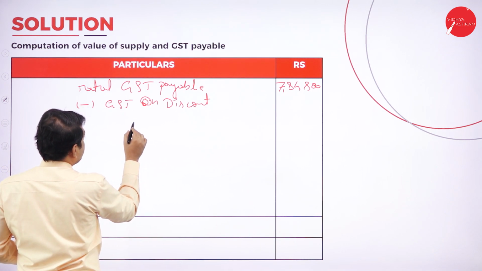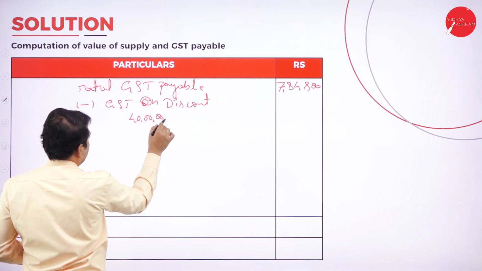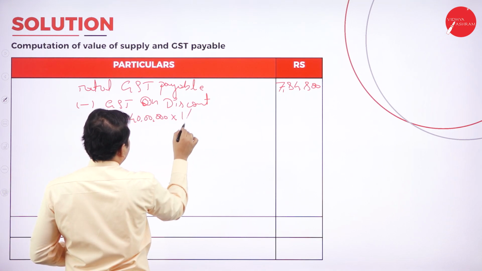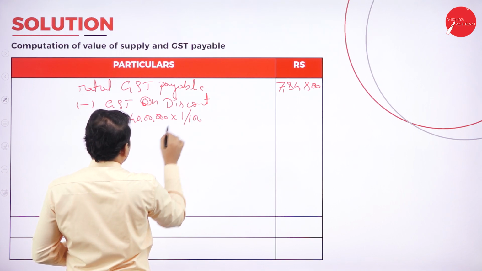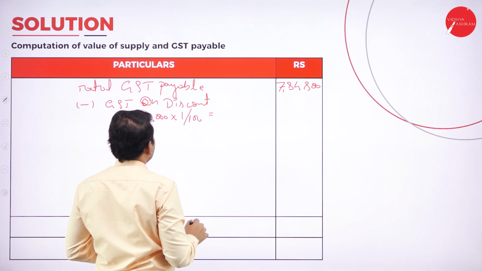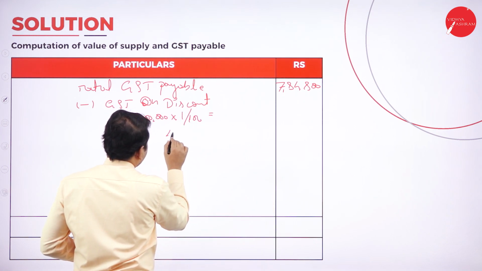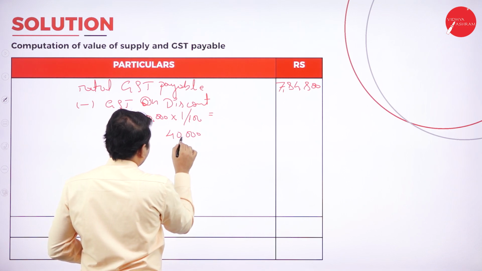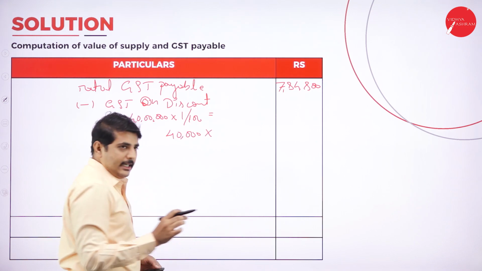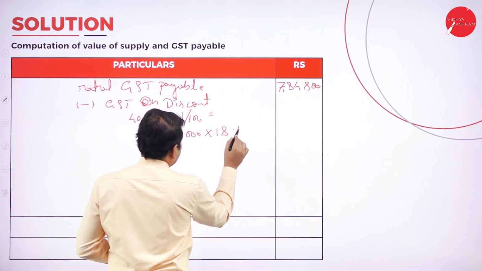So it is 40 lakh into 1%, 1 by 100, which equals 40,000. So on this, what is the rate of GST we can deduct? 18%.